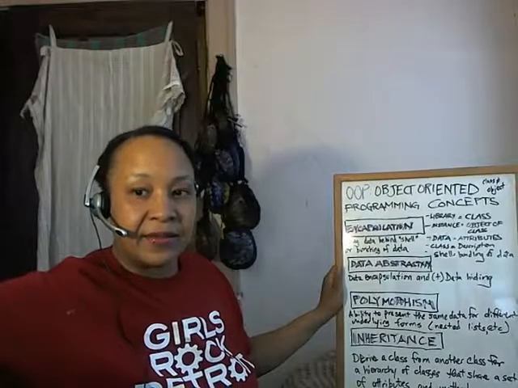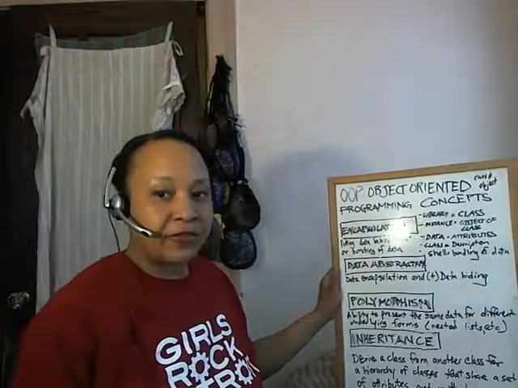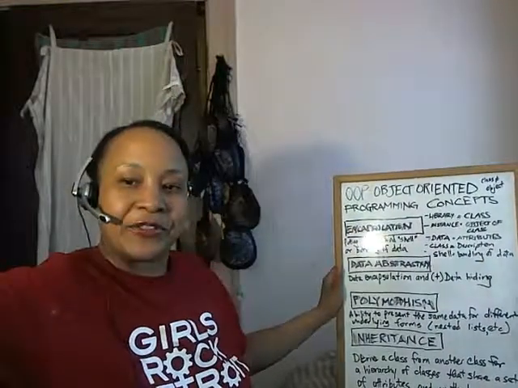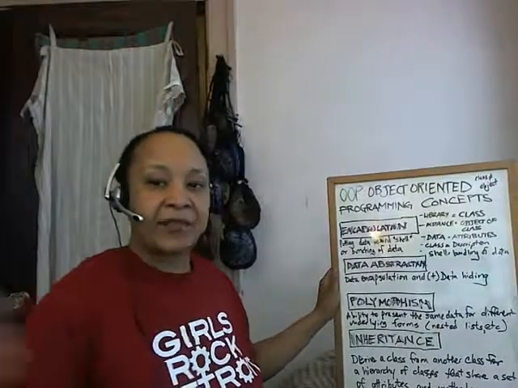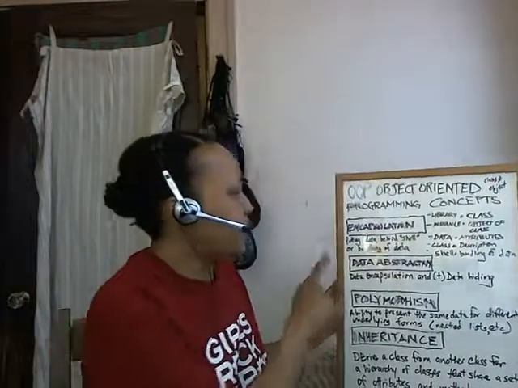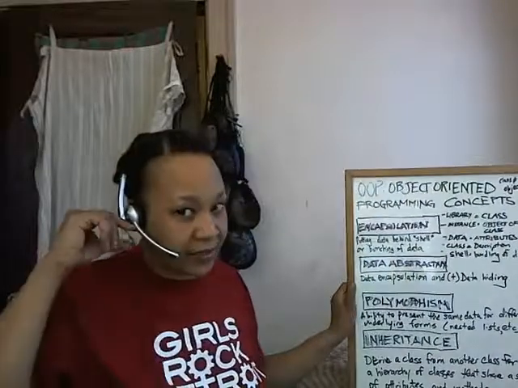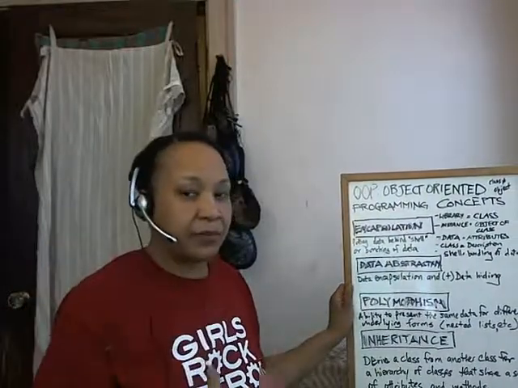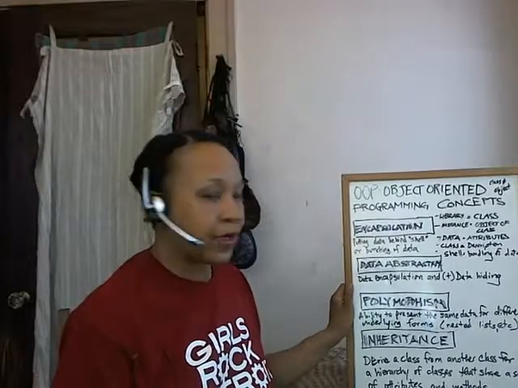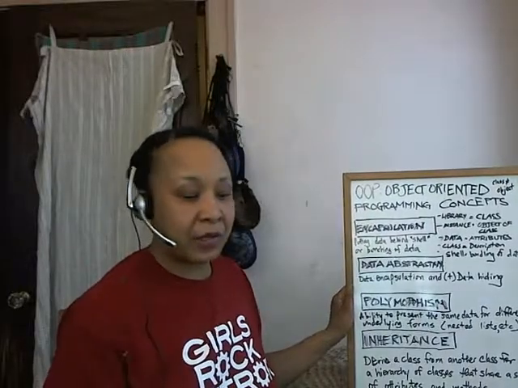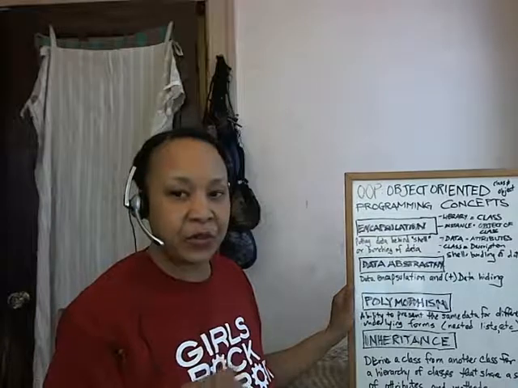So one of the first concepts, oh great, it's right in the middle, excuse me, is encapsulation. Encapsulation is putting data behind a shell, and a shell can be viewed as the basics of a program. It could be an operating system, a script, something that can be used to make something happen.